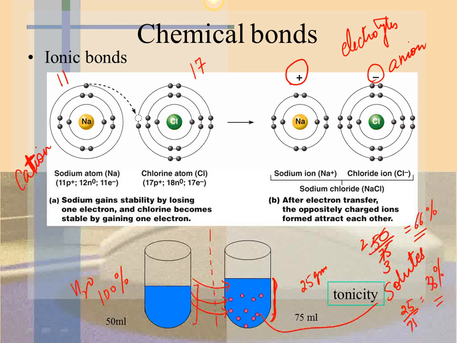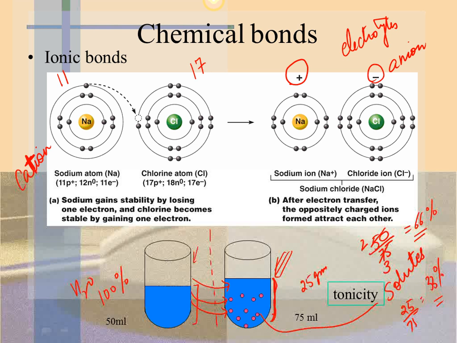So whichever solution has more solutes will tend to draw water towards it. This solution has more solutes compared to this one, which has none, so it is drawing water towards it.